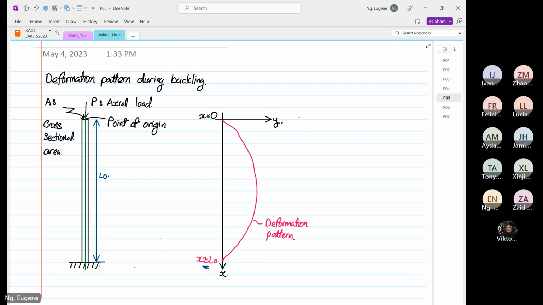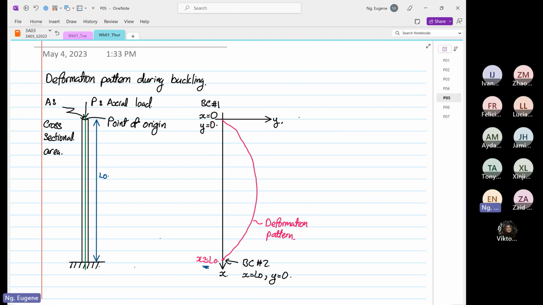Now at the top over here, I'm going to call this our boundary condition number 1. When x is equal to 0, y is also equal to 0. And then over here is our boundary condition number 2. When x is equal to L naught, y is also equal to 0.